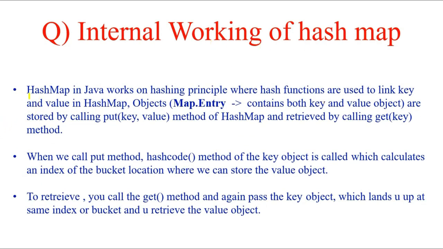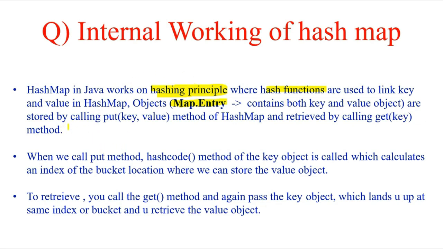HashMap in Java works on a hashing principle, where a hash function is used to link the key-value pair. Whenever you provide a key to the hash function, it gives you a value, and that value is nothing but an index, where your value will be stored in the hash table. The next important point is the Map.Entry object, which is a Java object that contains both key and value, and is stored in the hash table.